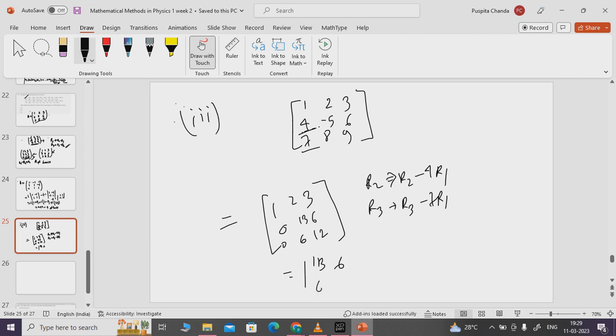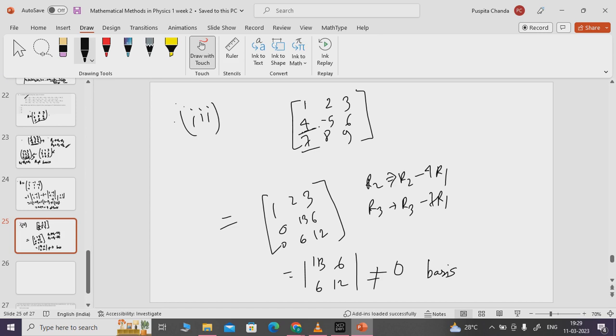So it will be 13 6 6 12. You don't need to do the calculation till the last point; you can already clearly see that it is not 0, so it can form a basis.